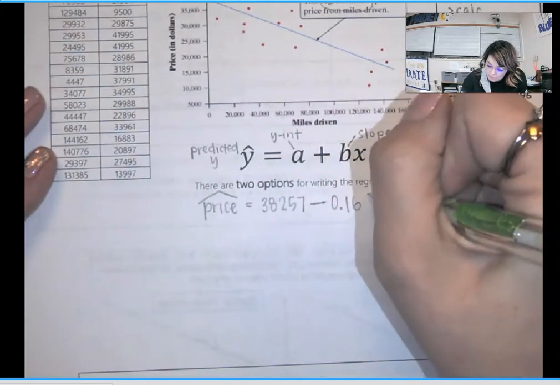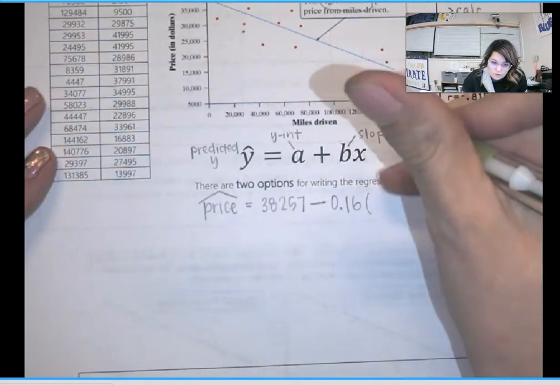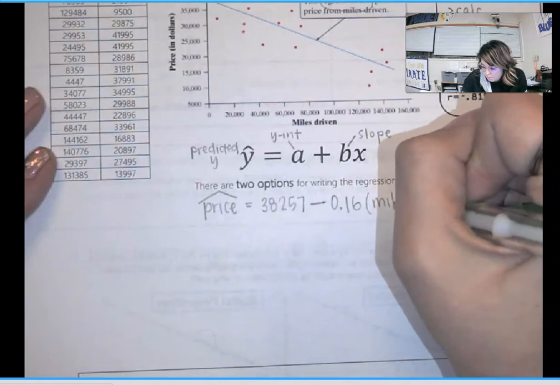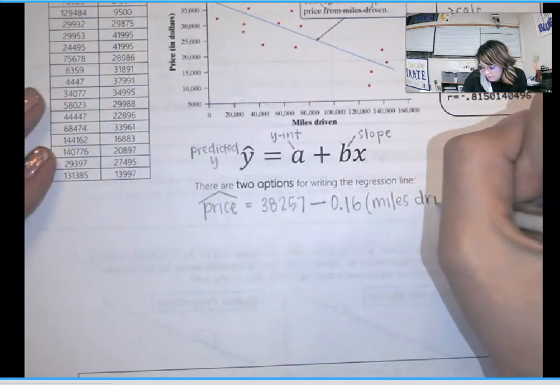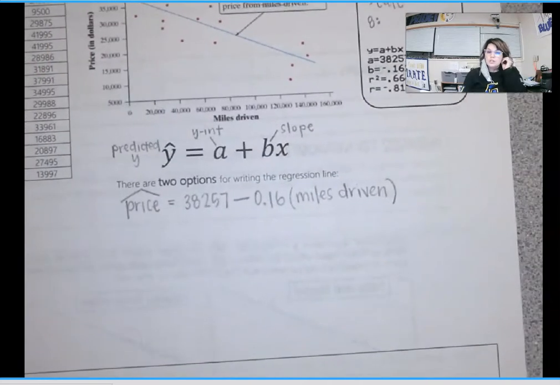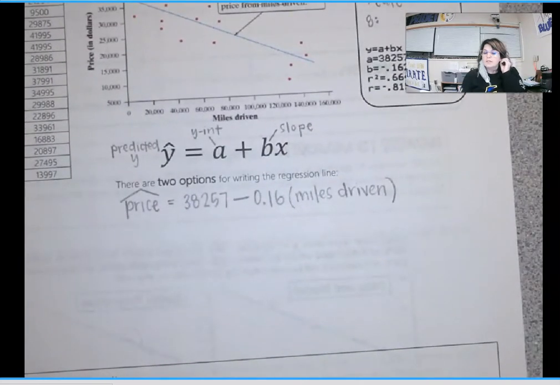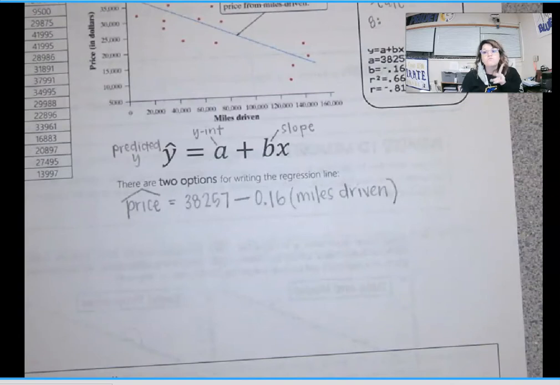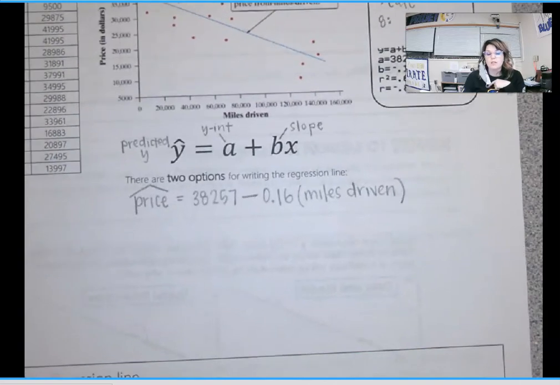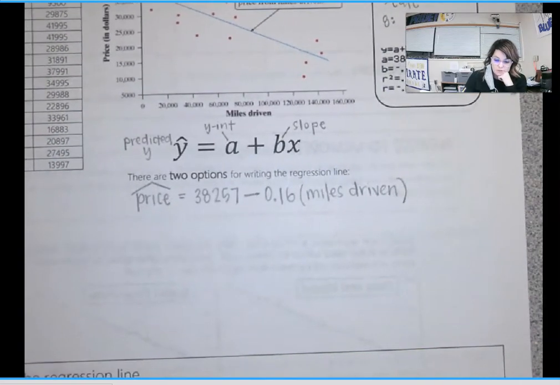And then in parentheses, we write what the x variable is, and that is miles driven. So option 1 is that you use words to write your line of best fit.